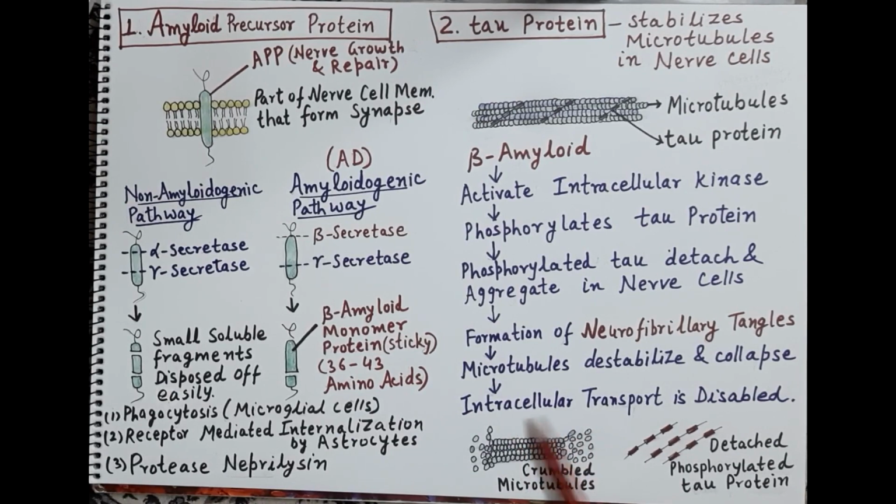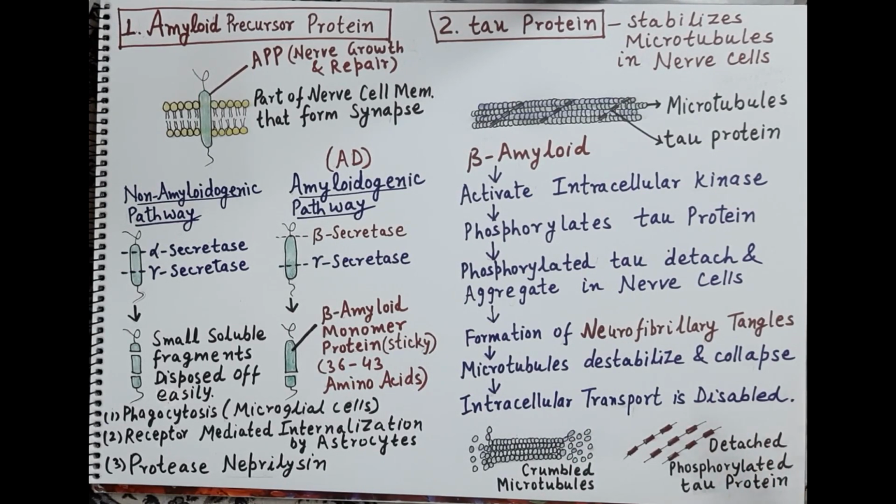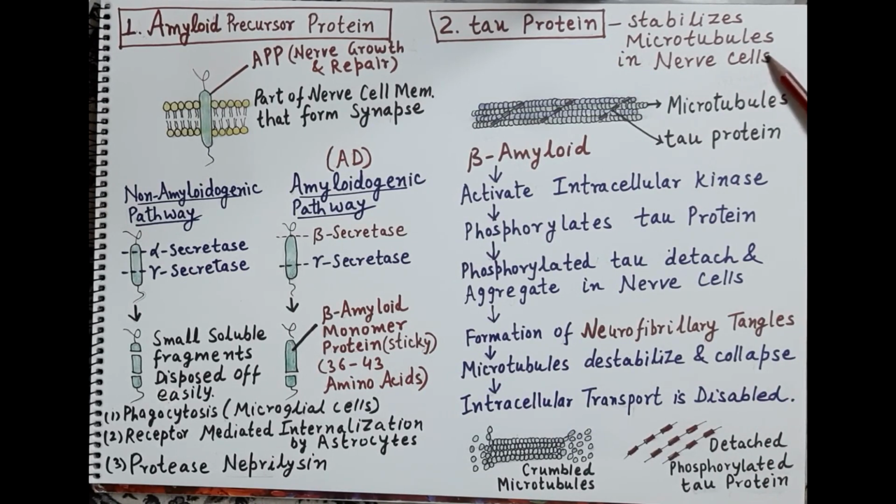Because of this, intracellular transport is disabled, and there is neurodegeneration followed by neuronal death. So this is the second very important hallmark of Alzheimer's disease. And the third hallmark, as we have seen earlier, is the dysfunctional cholinergic neurons.